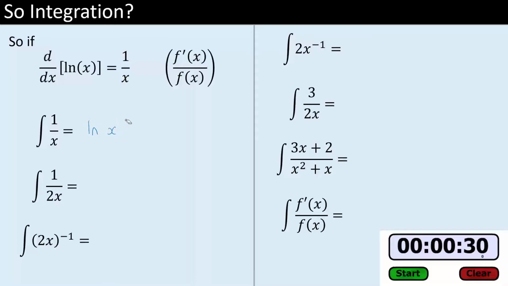What we put instead is ln mod x. Straight lines, okay? We want to return the absolute value of x, okay? And there are some graphical explanations of that which are pretty good, but I don't want to take too much of a digression out from the actual integration of these things.